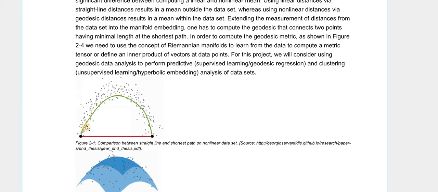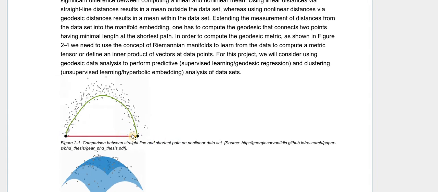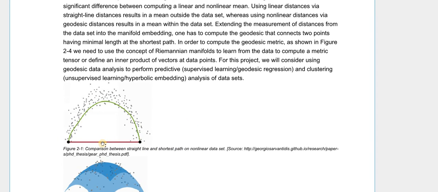When you do that, you're going to have to use another type of distance. Just to step back a little bit, when you're served with a linear regression, a linear model, you have to use a linear distance, or as I said, the Pythagorean theorem.